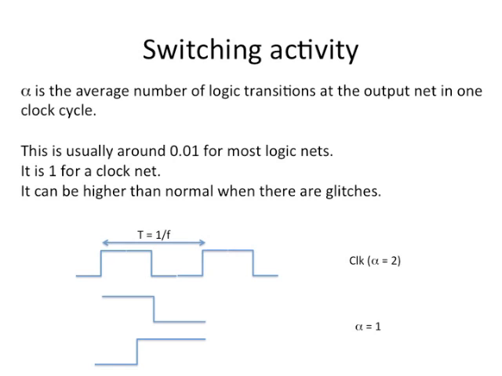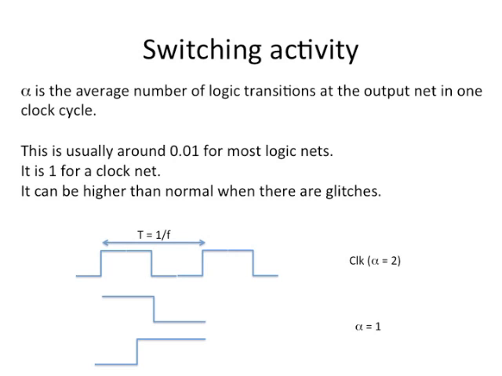Now this number is usually between 0 and 1. It can actually sometimes be more than 1 also. What does it mean to be more than 1? But before doing that, let us have a look at the typical values for alpha.